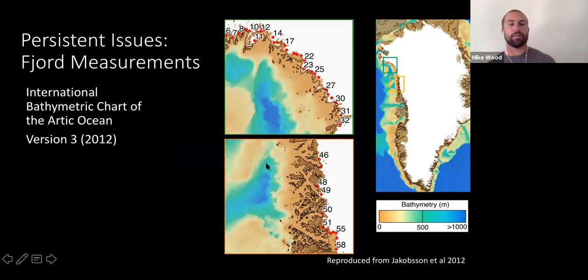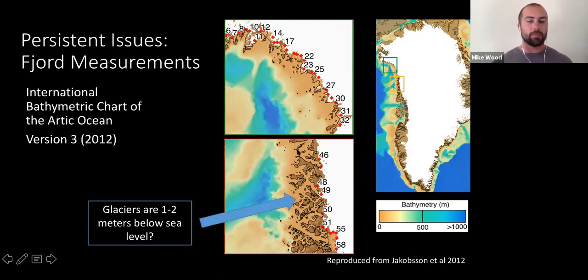If we look at the International Bathymetric Chart of the Arctic Ocean, which was published in 2012, right around this time, and look at two places here on the northwest coast of Greenland, the bathymetry in these maps was all put at about 1 to 2 meters below sea level, simply because we didn't have any measurements there.